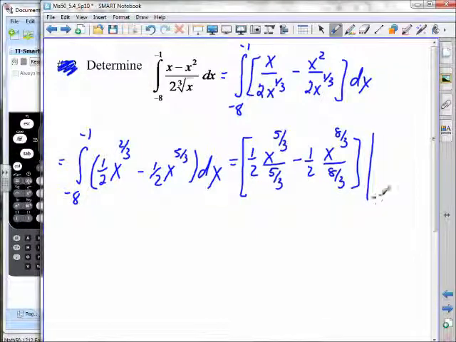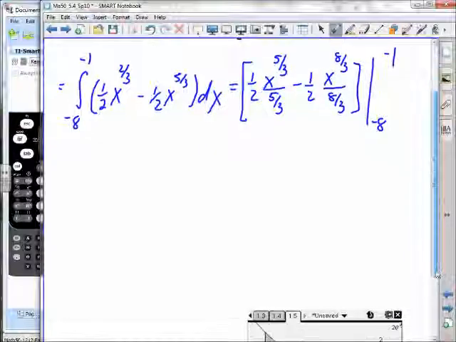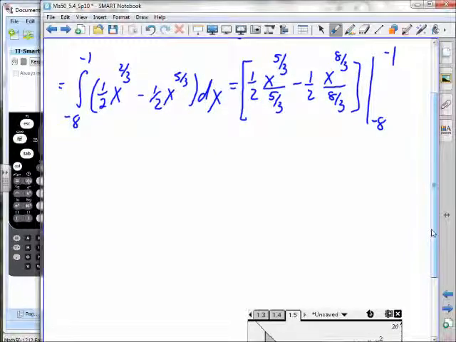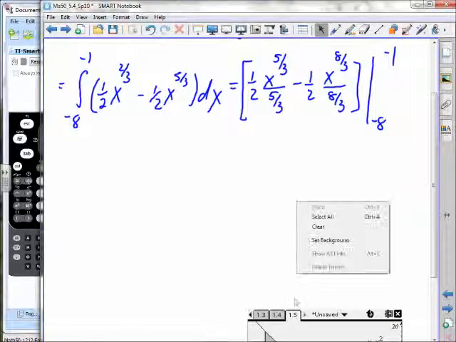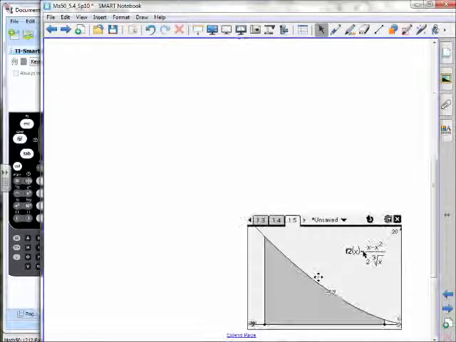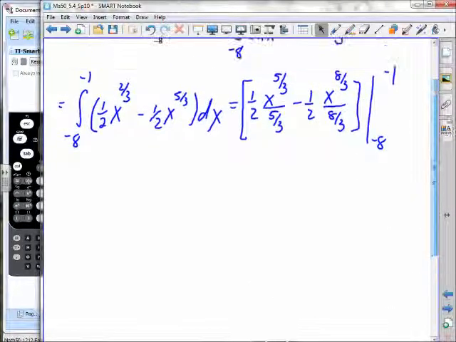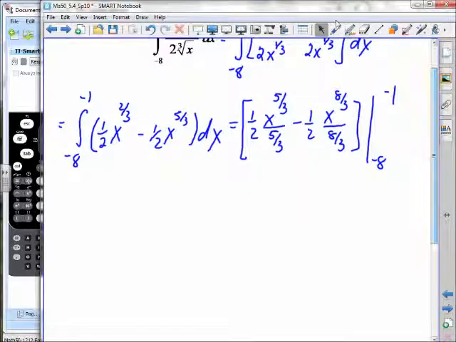We're integrating from -8 to -1. Okay, let's see. The next step, we just have to clean this up a little bit.